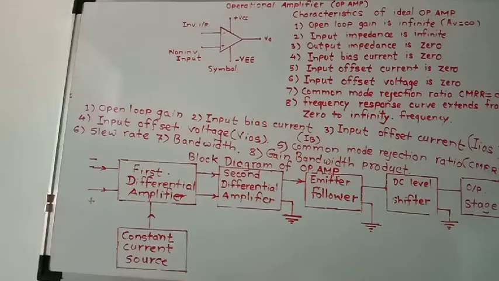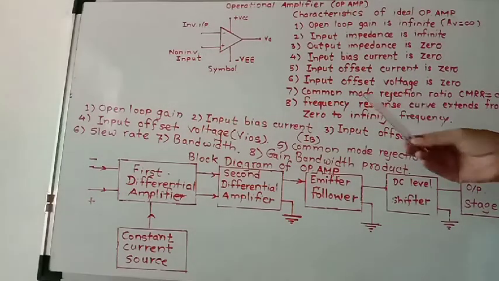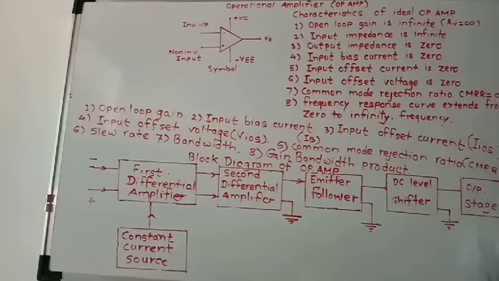Then what is meant by common mode rejection ratio, that is CMRR? It is the ratio of differential mode gain to the common mode gain, that is, |ADM| divided by ACM.